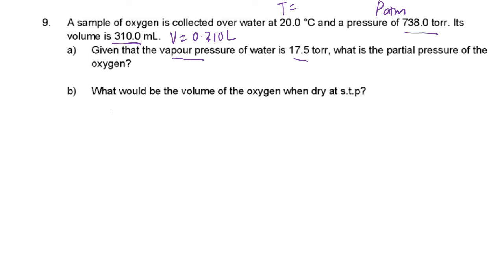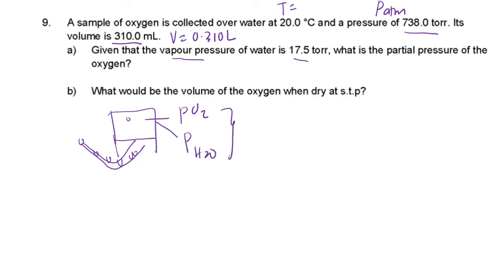Oxygen is collected over water, so we have a sample of oxygen gas collected over water. We have a mixture of oxygen gas and at the same time the vapor pressure of water, PH2O, and this is equal to atmospheric pressure.